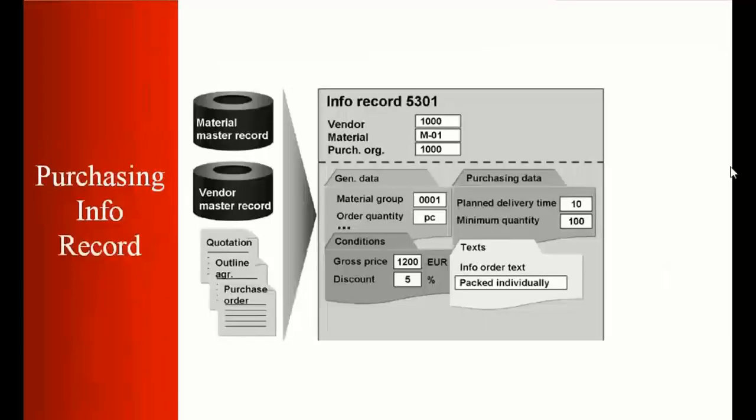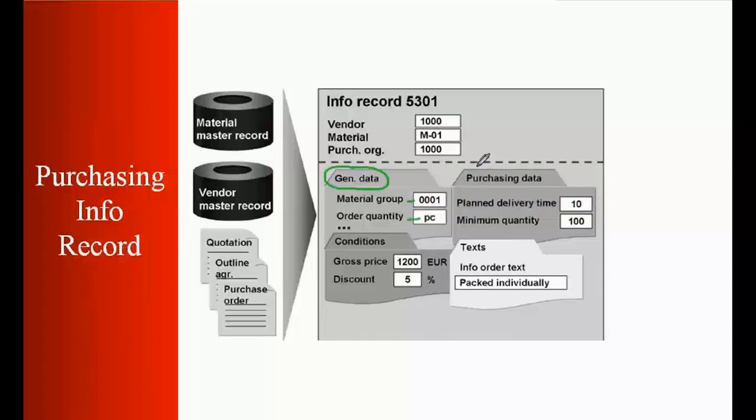When we create a PIR record, the data resides in four different areas. The first area is your general data, where you can maintain things like material group, standard order quantity, and unit of measure.